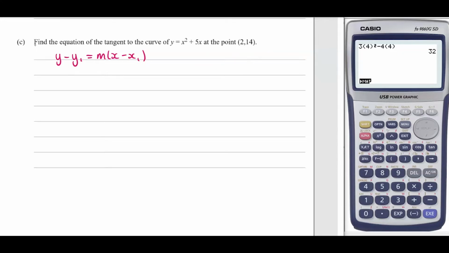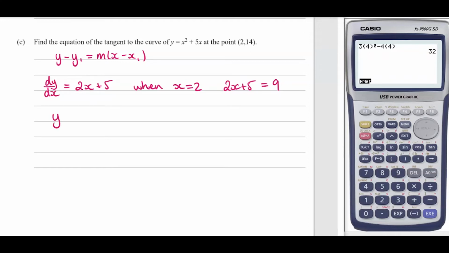Right, to do this we need the gradient, so dy by dx will be equal to 2x plus 5. When x is 2, because the x-coordinate of this was 2, dy by dx, so 2x plus 5 would equal, well, 2 times 2 plus 5 makes 9, so the gradient is 9.